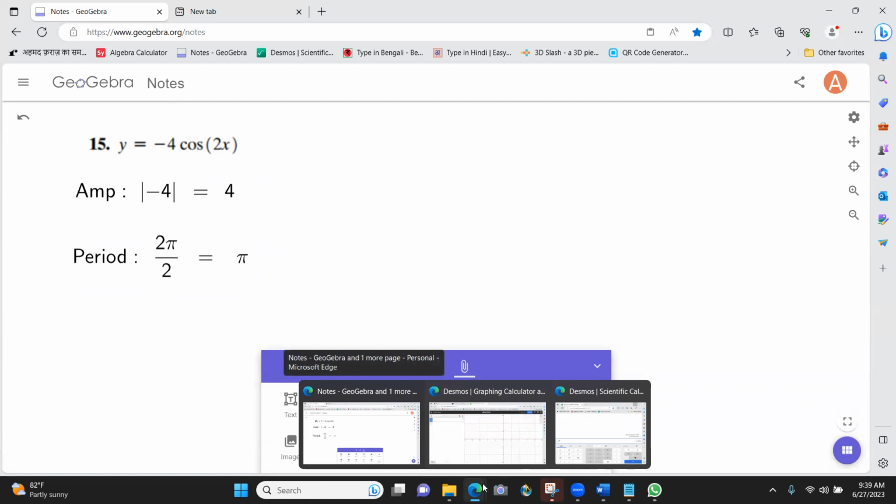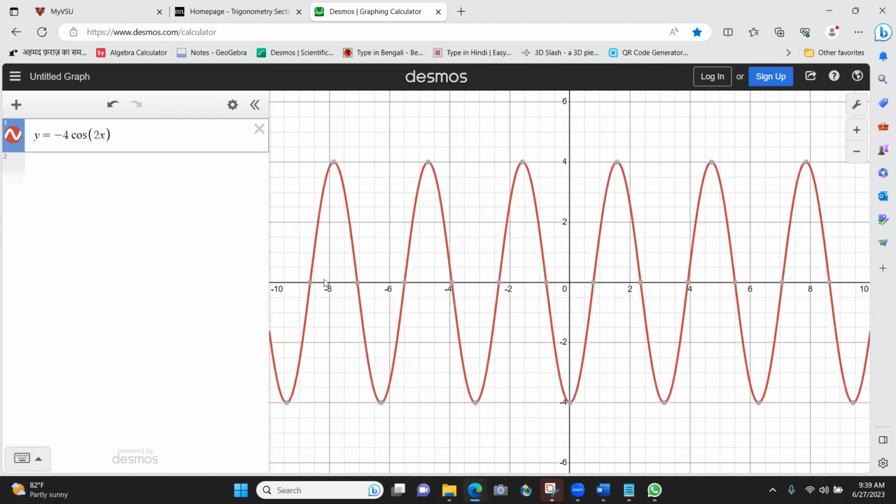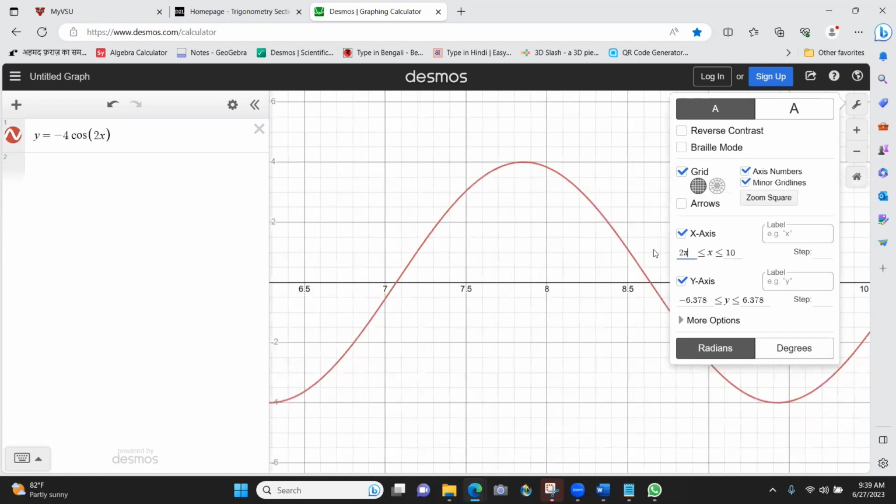It's -4 cosine 2x. Now I'm going to go back and change the x-axis to -2 pi.